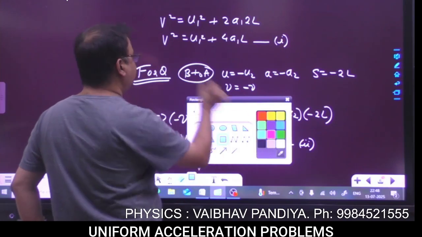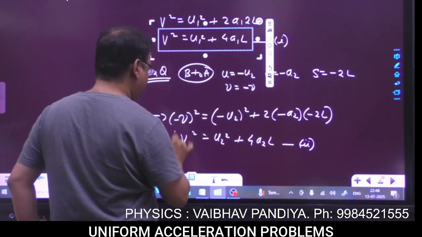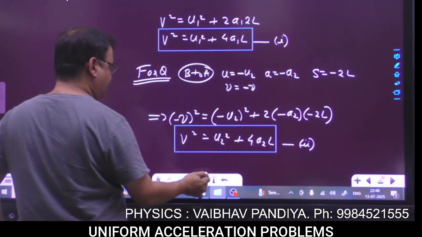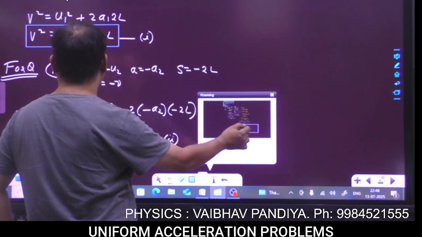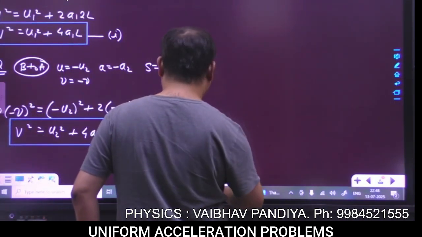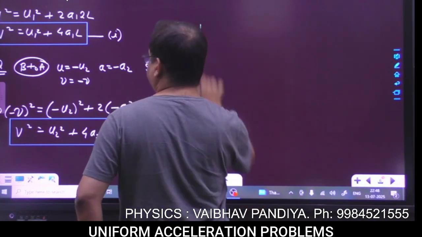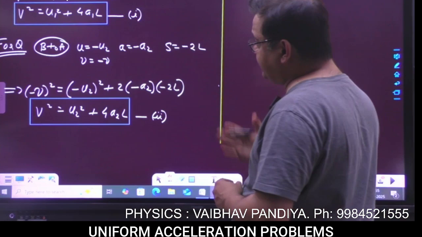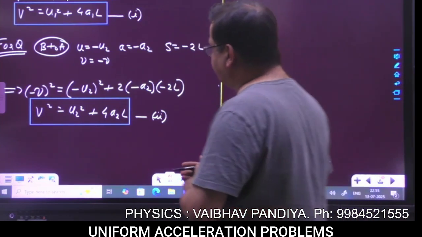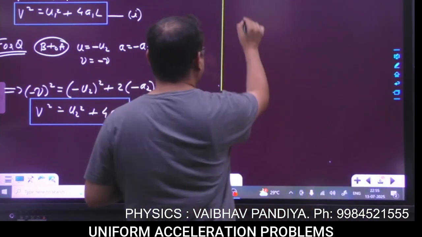Okay, so you got basically two equations here, for P and for Q. Now from the equations, you can eliminate V square. In both the equations, the LHS is V square, correct? So from equation 1 and 2 we can eliminate V and equate both the RHS.